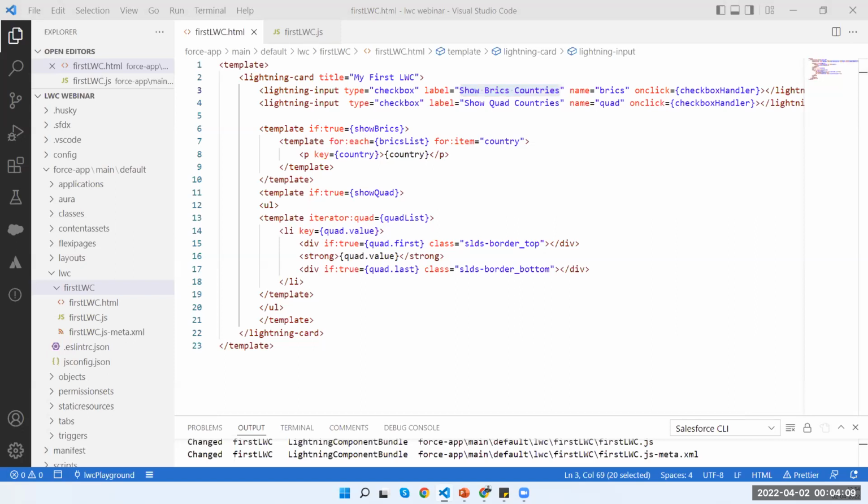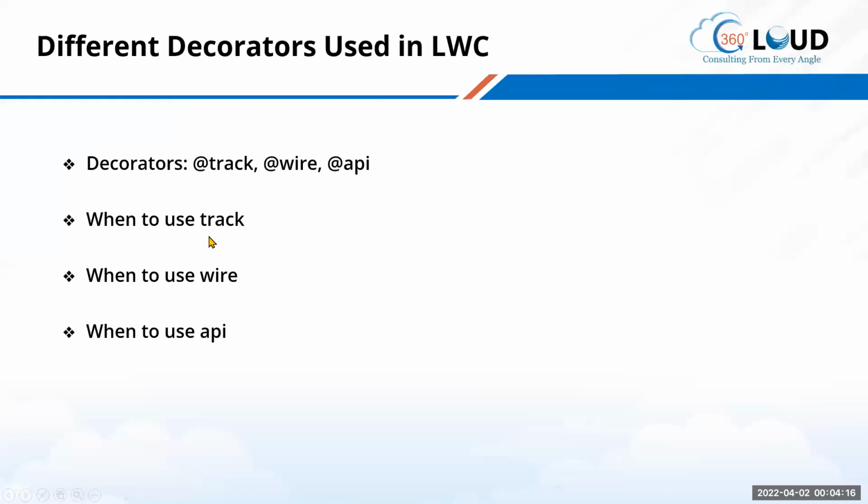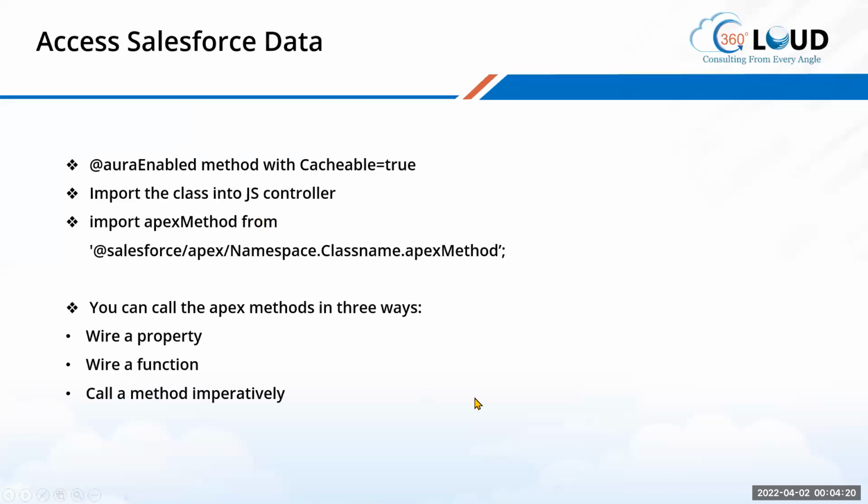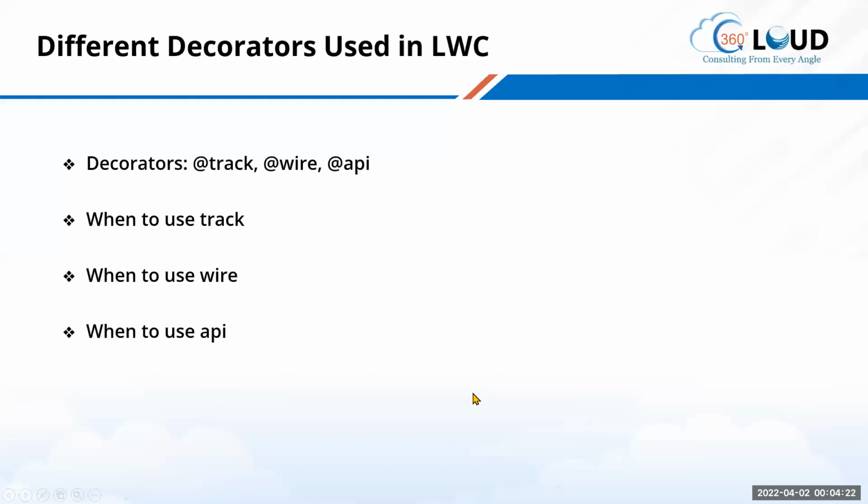Yes, you can go into wiring decorators. I told you about when to use track. Track is used when we have a complex object or a complex array.